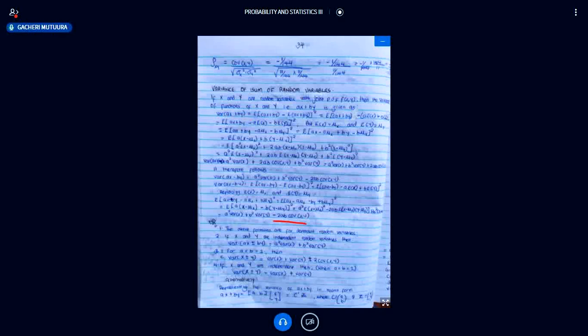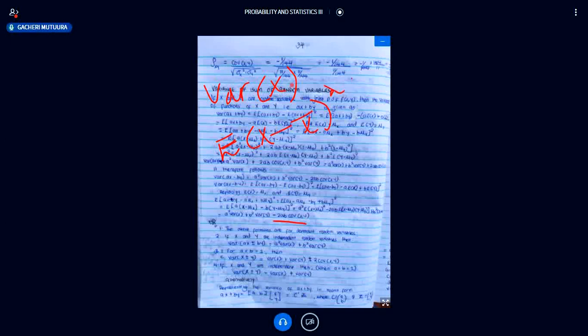We know that the variance is defined as the variance of any term, say the variance of x is the expected value of x minus x bar squared. So it's the same thing here.